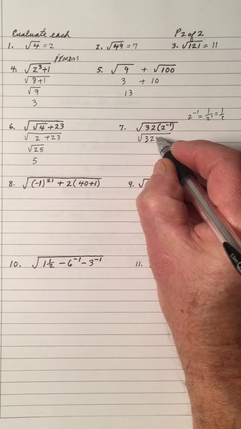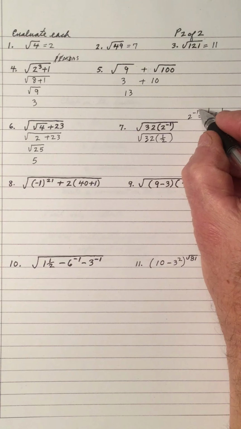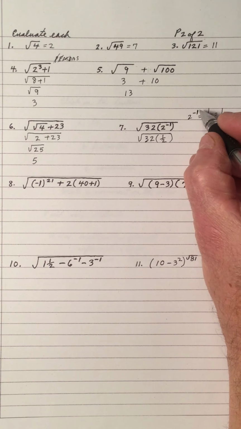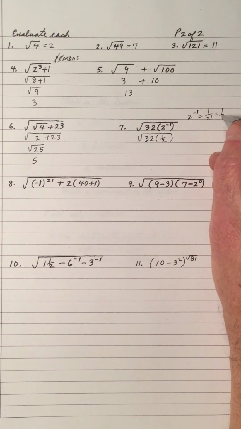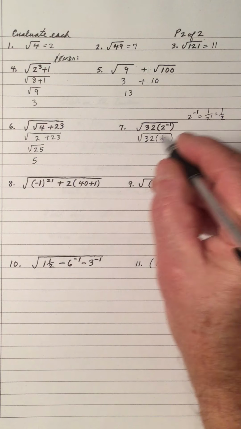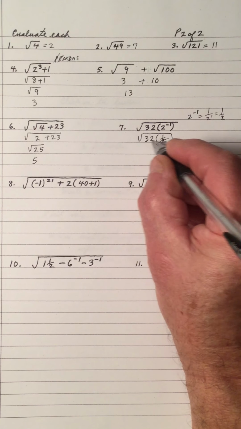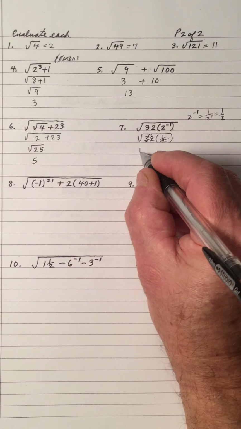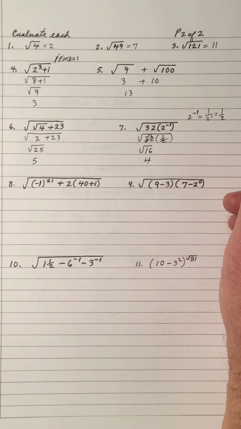Remember, a negative exponent is 1 over. It's a reciprocal. So the reciprocal of 2 is 1/2. So 32 times 1/2, 2 into 32 goes 16. So that's the square root of 16, which is 4.